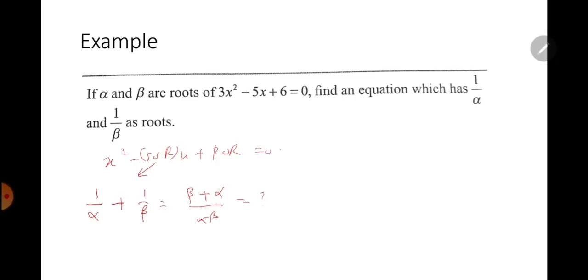But what is the value of alpha plus beta over alpha beta? You can get these values from the original equation, because alpha and beta are the roots of 3x squared minus 5x plus 6. Here a equals 3, b equals negative 5, and c equals 6.